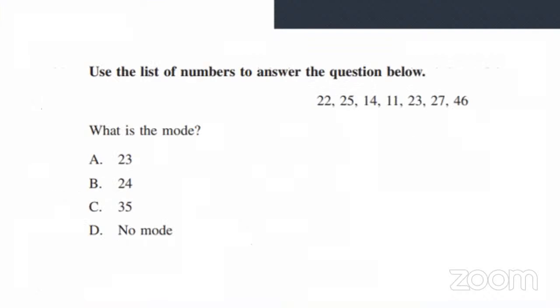All right, so we're going to use the list of numbers to answer the question below. What is the mode? So look at the numbers and tell me what the mode is, as well as an explanation. I'm seeing Christian Stewart Gray explaining the previous question here, and she even gave us an answer as well.